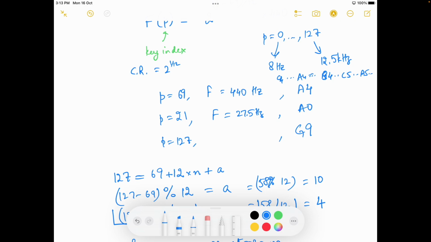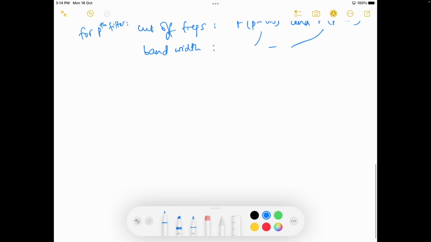So what do I do? Wrap it around, which means if I take my P modulo 12, that will give me the note index, the note ID, basically, whether it's A, B, C or D, right? So I just have to do modulo 12.